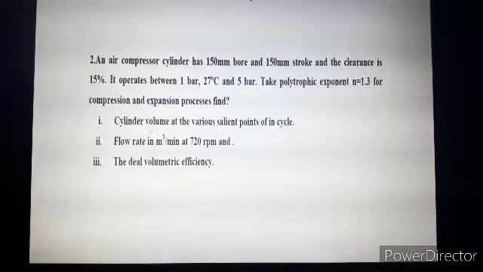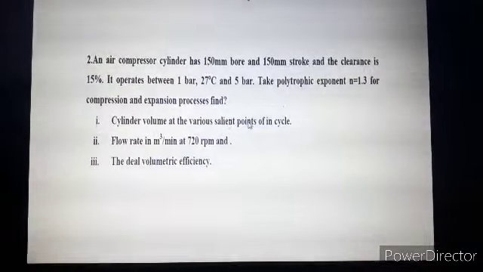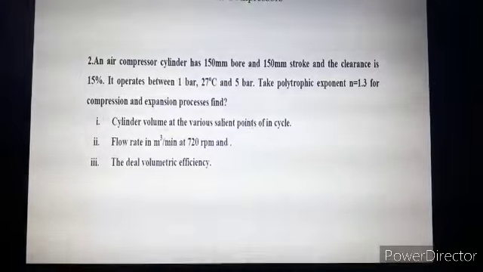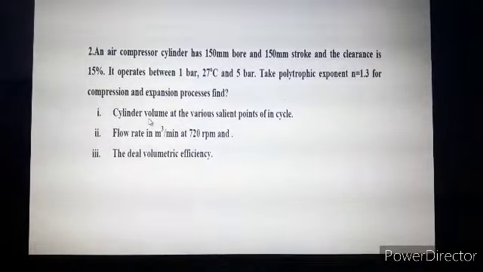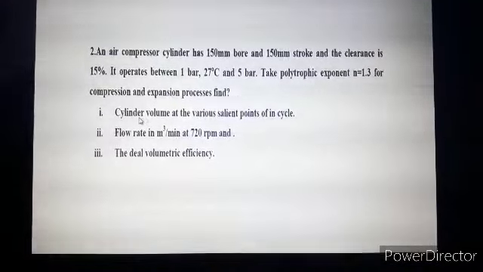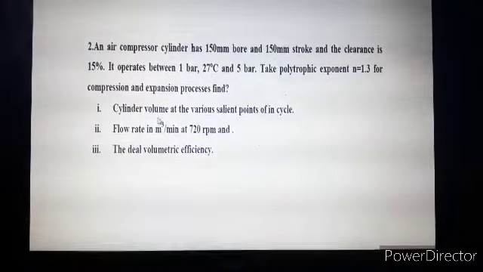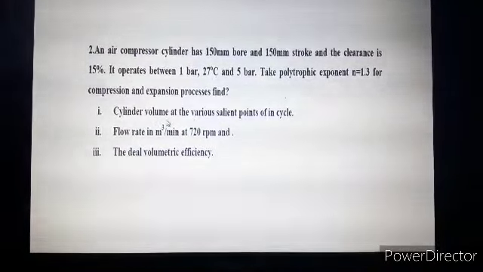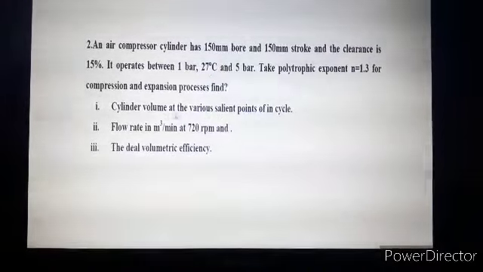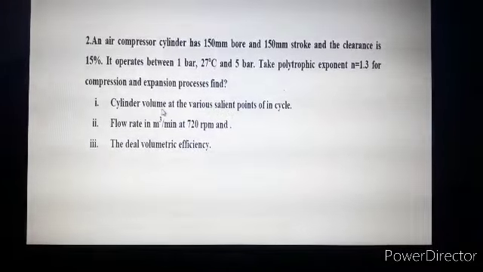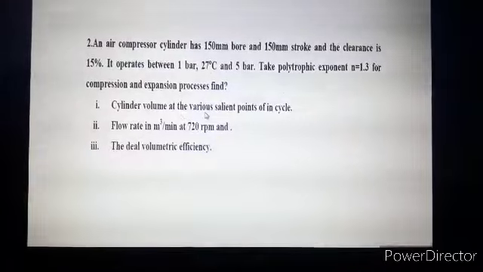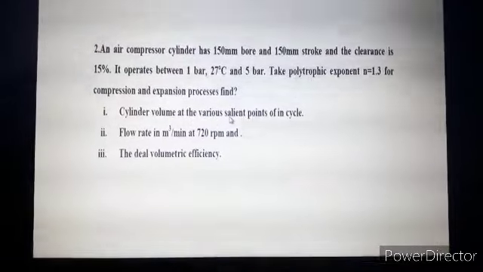Again, in order to find volume at all points, we have to take into account the basic thermodynamic process. During suction, it is an isobaric process. We have to refer to the relation between pressure, volume and temperature for the isobaric process. That is, when pressure is constant, then volume is directly proportional to temperature.